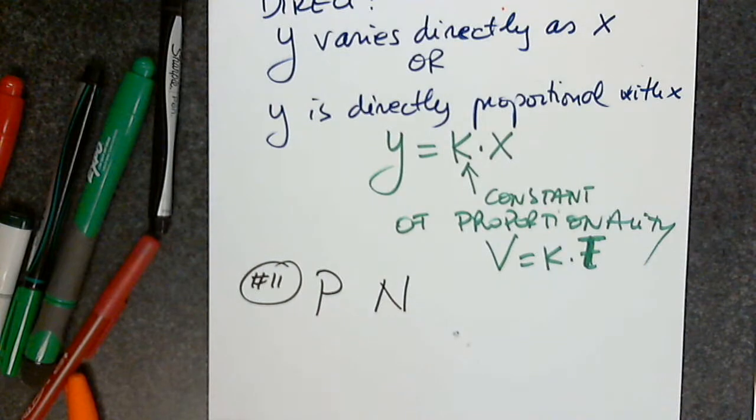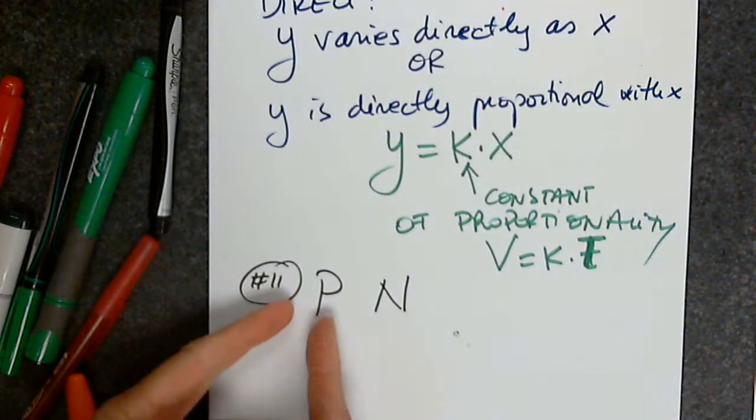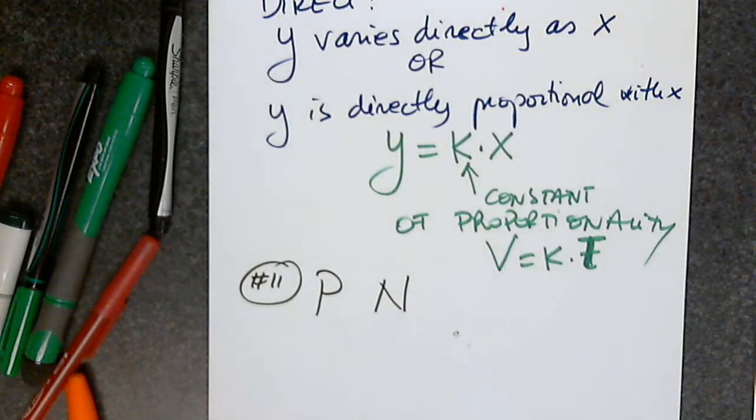They came up with a result from a study that says that the more people, which makes sense to me, more people, more pollution. So the quantity of pollution varies directly with the number of people in a city.